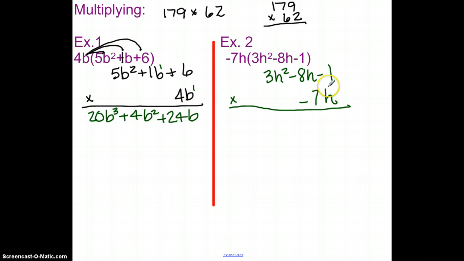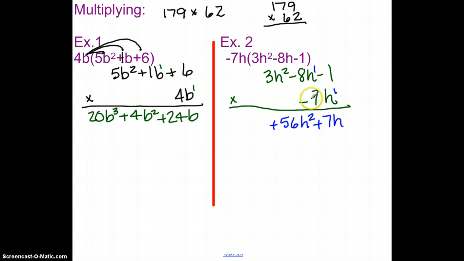So negative 7h times negative 1 is positive 7h. Negative 7h times negative 8h is positive 56h squared. Because remember, there's 1h here and 1h here, which gives you 2 there.